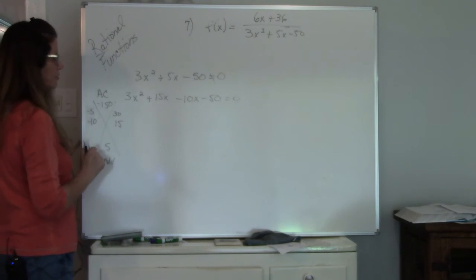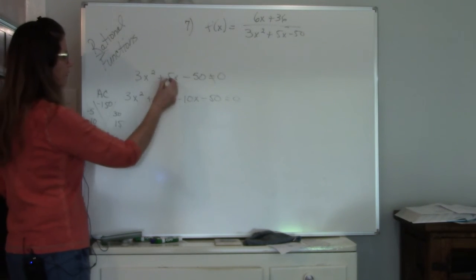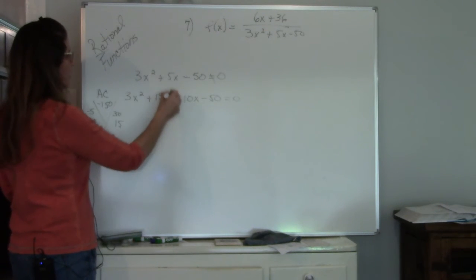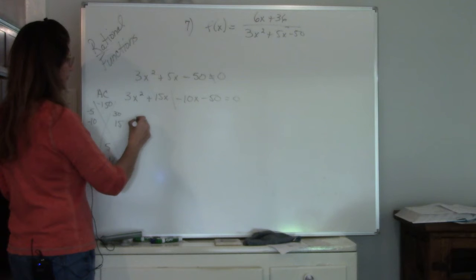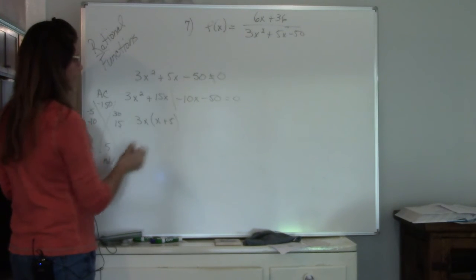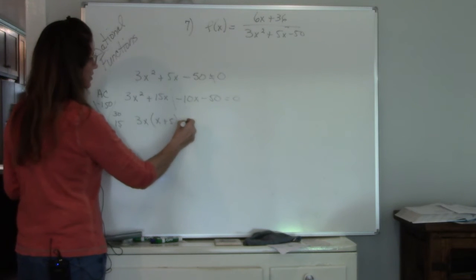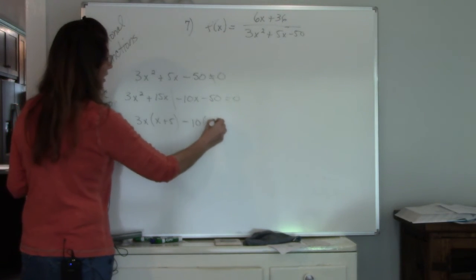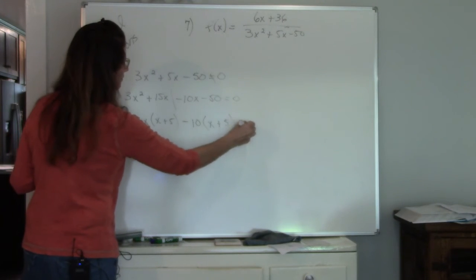So I just rearranged it. I still have 5x. 15x minus 10x still gives me 5x. So now I'm going to do factoring by grouping. So factor out of 3x. I have x plus 5 left. Use this middle sign. Factor out a 10. And I still have x plus 5 in the middle.